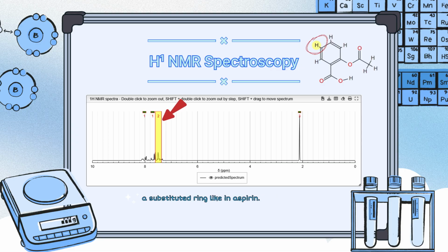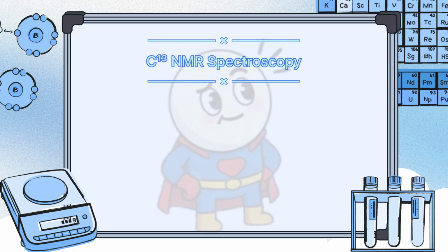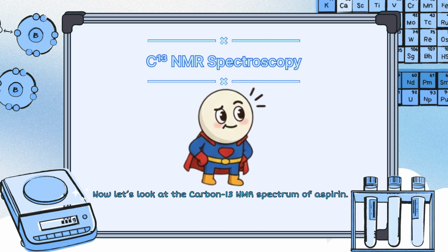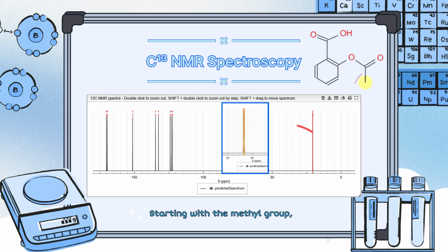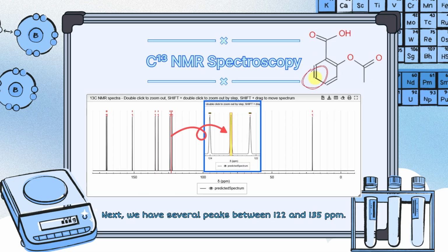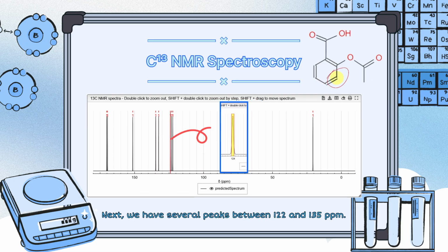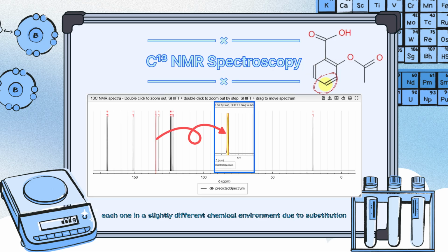Carbon-13 NMR spectroscopy. Now let's look at the carbon-13 NMR spectrum of aspirin. Starting with the methyl group, we see a peak at around 20.6 ppm. This is typical for a CH3 group attached to a carbonyl. Next, we have several peaks between 122 and 135 ppm. These correspond to the aromatic ring carbons, each one in a slightly different chemical environment due to substitution.